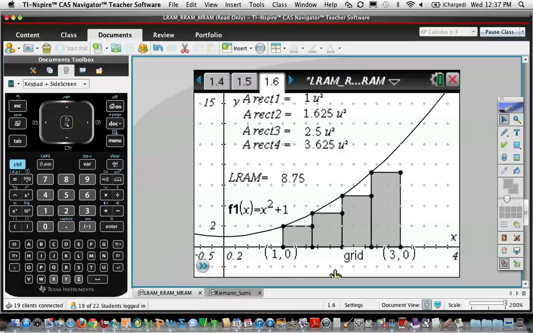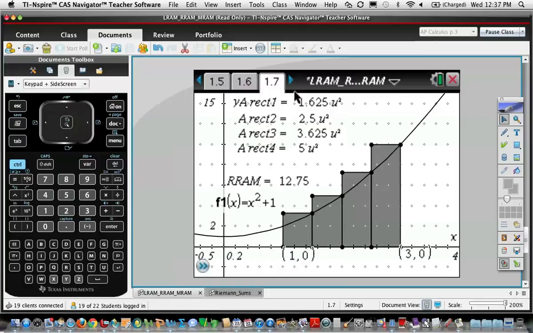And so even if we had a function where we couldn't do the antiderivative, we could still take these values and plug them into the function and get outputs. And so that'll give us our rectangle heights. So the function values are the rectangle heights. So we're going to have height, we're going to have width, we can get the area. No problem. Now, go to the next page, and this one shows a right rectangle approximation.